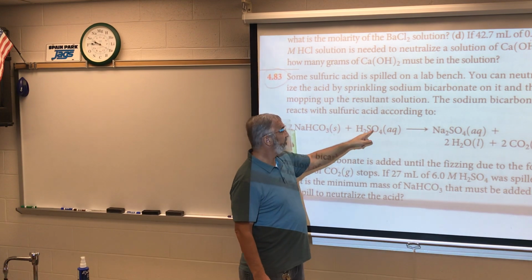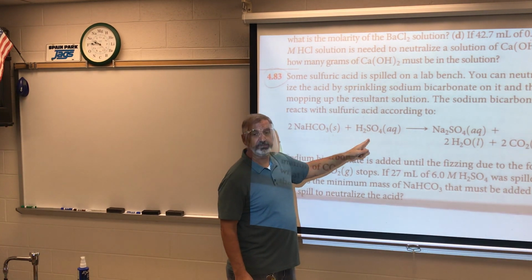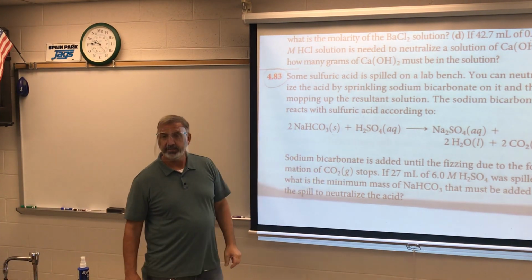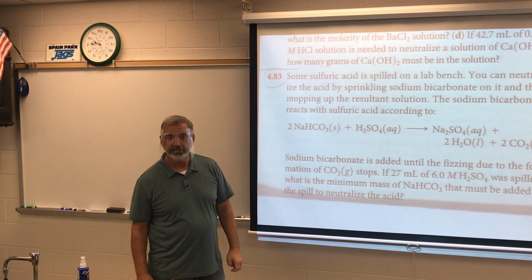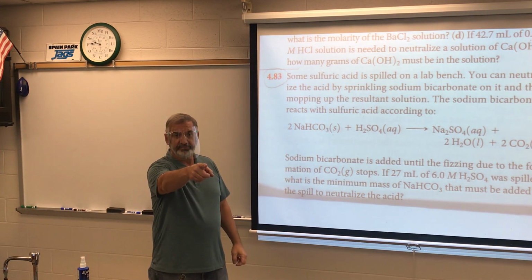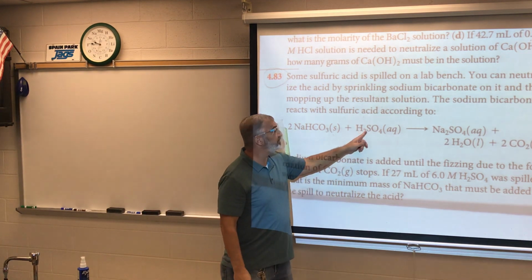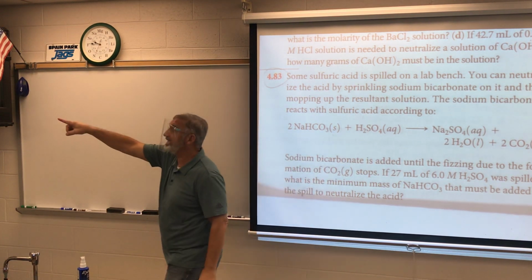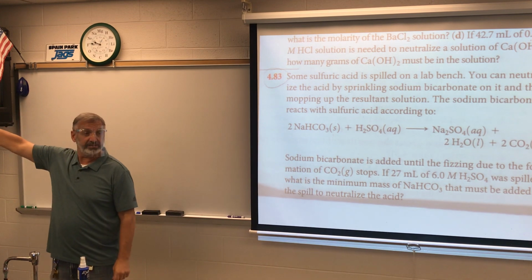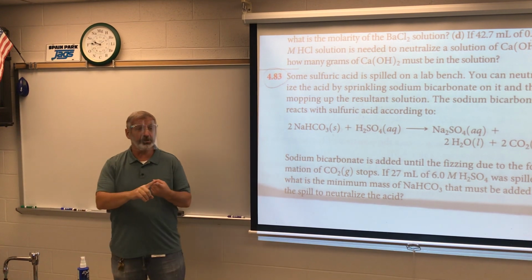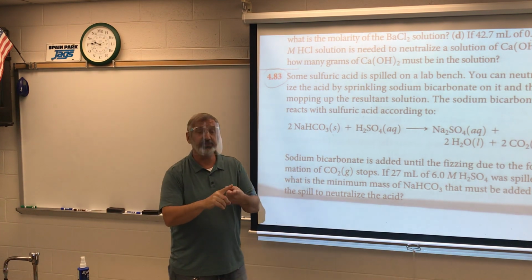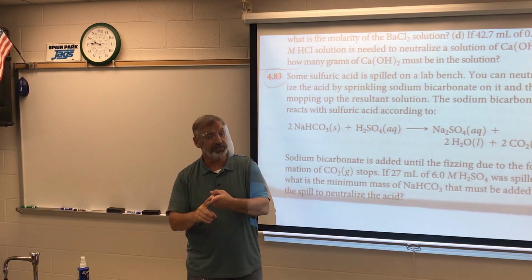Sulfuric acid. And how do I know that this is an acid? H is at the beginning, right? Any hydrogen plus any anion is going to be an acid. And then that's where we go to acid nomenclature. Ate goes to ic, so if it's sulfate, it's sulfuric acid.